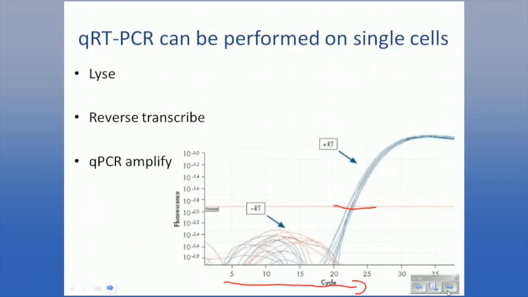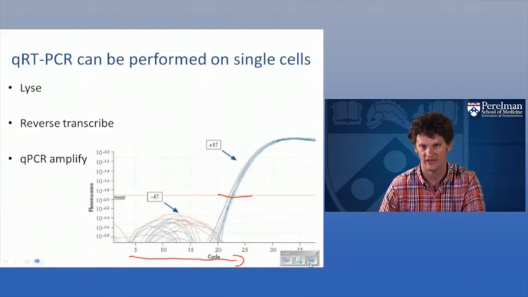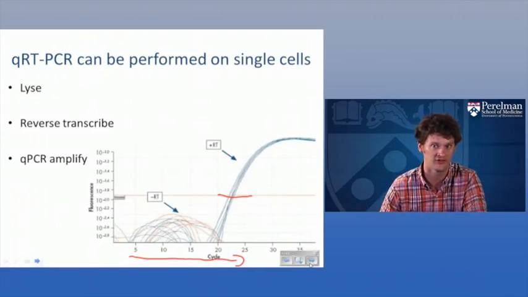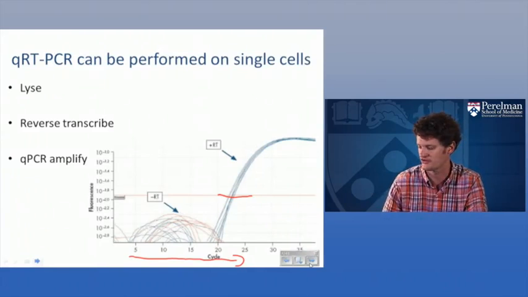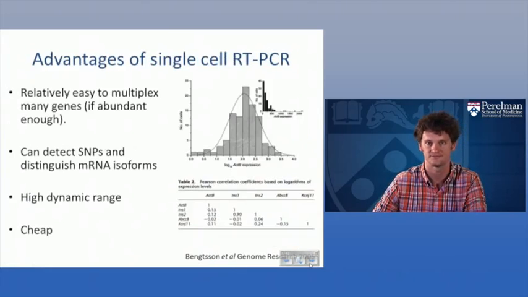And so you can back calculate and figure out how many molecules you think were present in the original sample and compare across samples. And you can actually take this down to the level of single cells, no problem, especially for reasonably highly expressed genes. Once you get to lower levels of expression, it becomes more problematic.